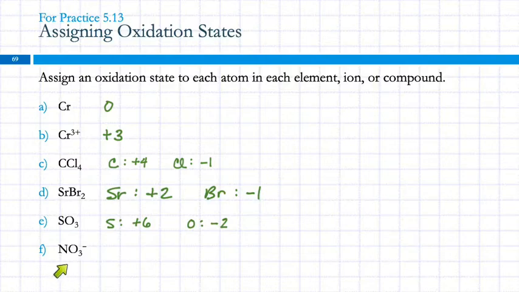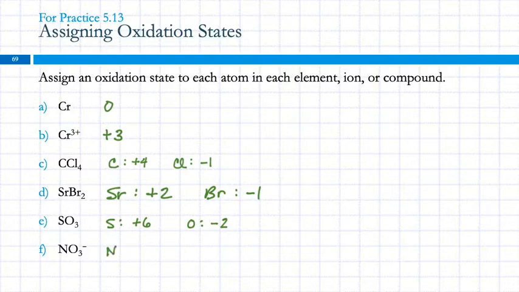Here we have a polyatomic ion. There's 2 nonmetals in this, a total of 4 atoms in this ion. We know that the overall charge is -1, but we're still going to use Fa765 to get started on this.